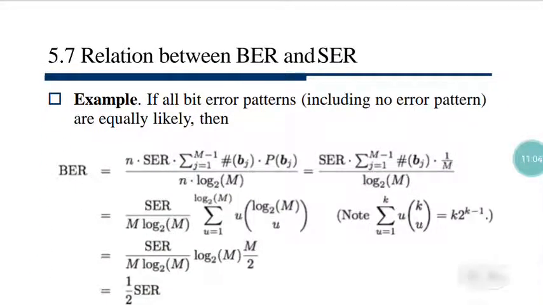So finally we have one example. If all bit error patterns including the no-error pattern are equally likely, then BER equals N times SER, the summation over j equals 1 to M minus 1 of the number of ones in bj times P of bj, divided by N log2 M. N cancels out, and because all are equiprobable, P of bj equals 1 by M. So finally SER by M log2 M times the summation over u equals 1 to log2 M of u times the binomial coefficient of log2 M and u.